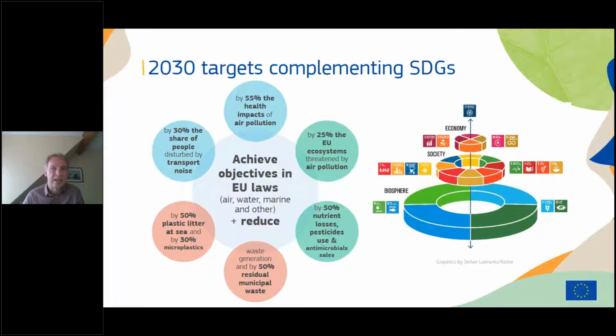This already in theory by 2015, and if exemptions are applied, by 2027. So that is a very steep objective that's been set, and it's crucial that it will be achieved also from a zero pollution perspective.